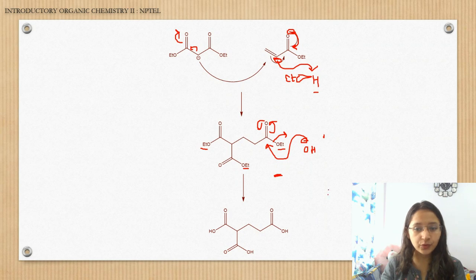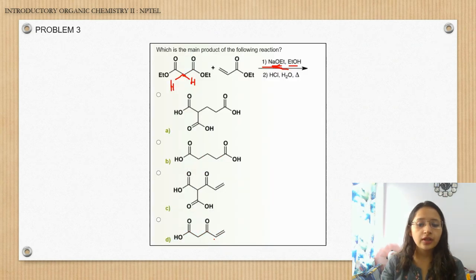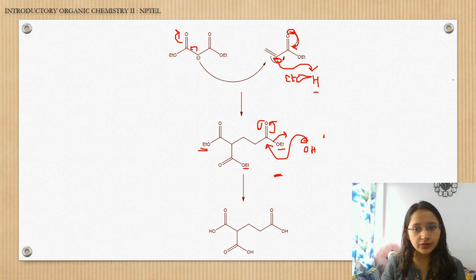So in the presence of HCl and water, from these ester species we are getting the acid species, right? Is it clear? The second step, you guys understood or not? Understood, ma'am. Okay.